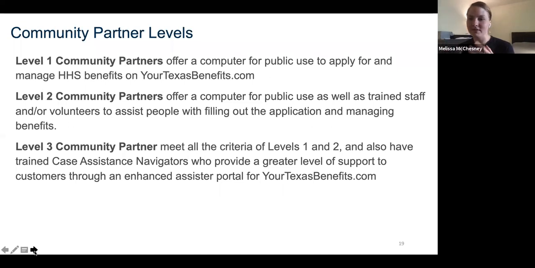And so they have some extra functionality within their yourtexasbenefits.com access that makes it where they can see additional information about the client, things like what notices they got, if they were told that they needed to provide extra documentation, what was it?